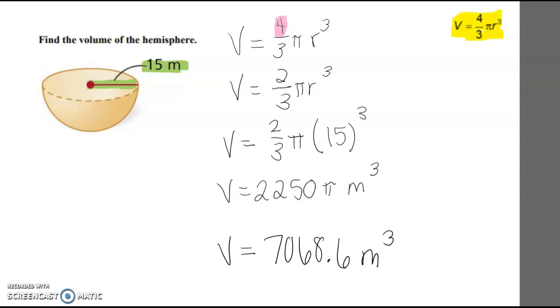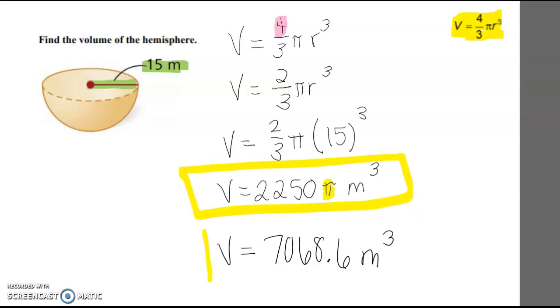And again, this is if we do not want it in terms of pi. If I want it in terms of pi, this will be my answer. If it wants rounded to the nearest tenth, we would multiply our answer above by pi to get our value of 7,068.6 meters cubed.